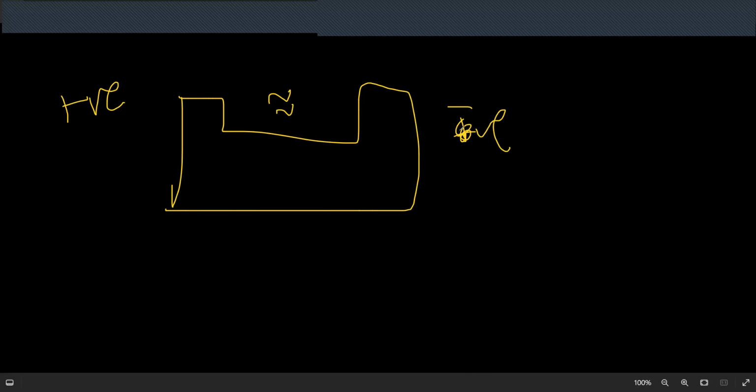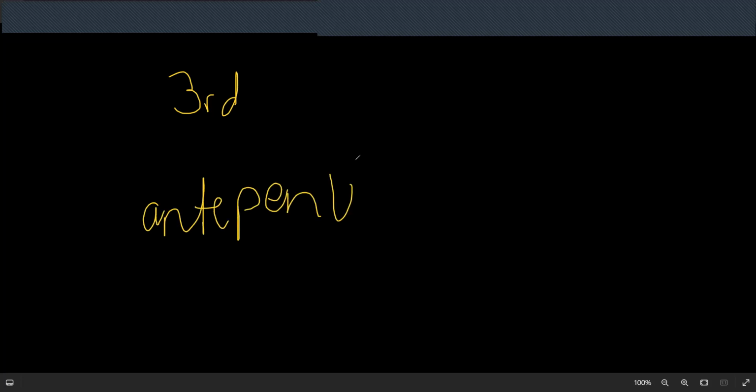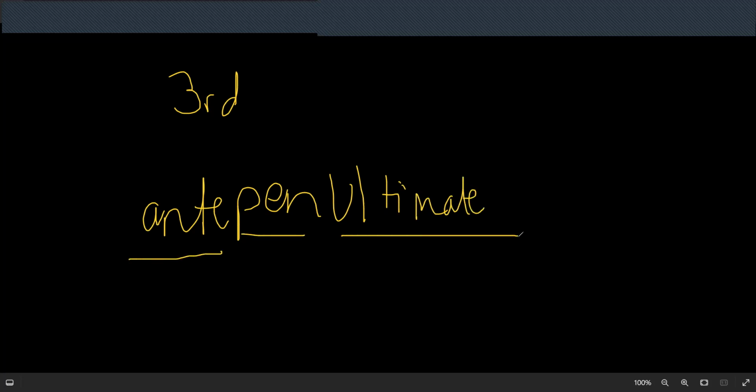So now let's learn about F block, which is the final block. Here we look at the antepenultimate shell, which means third last. And its spelling is A-N-T-E-P-E-N-U-L-T-I-M-A-T-E. So you could remember this by remembering ante, pen, and ultimate, which means n-2, because this is third.